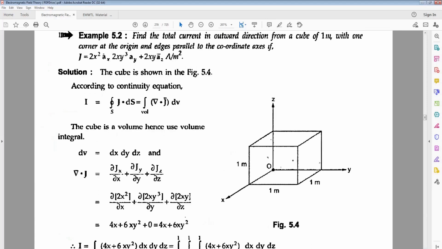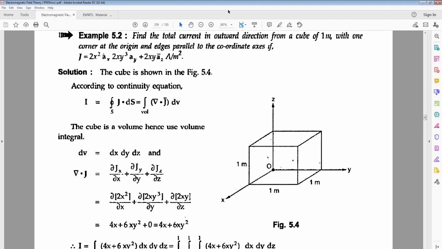Find the total current in outward direction from a cube of 1 meter with one corner at the origin and edges parallel to the coordinate axes, if J is equal to 2x square ax bar, 2xy cube ay bar, and 2xy az bar.